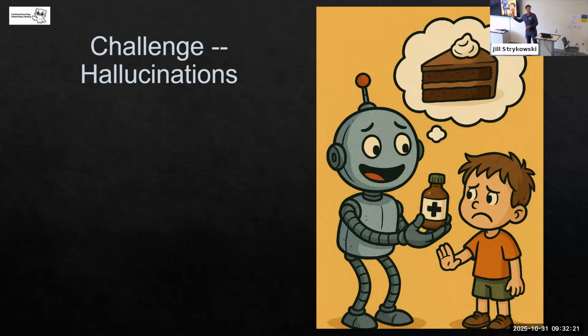The first one I think most people have heard about is that when we're talking about generative AI and large language models, they sometimes get things wrong, and they're often very confident about what they get wrong, right? So it's not always reliable.